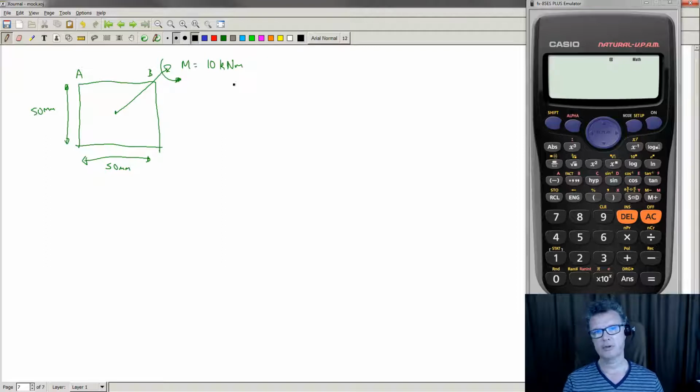Okay, so first of all, I need to split up my M component. To find some axes, we'll have X going off in this direction, Y in that direction. So we'll be doing My in this direction and Mx in this direction.